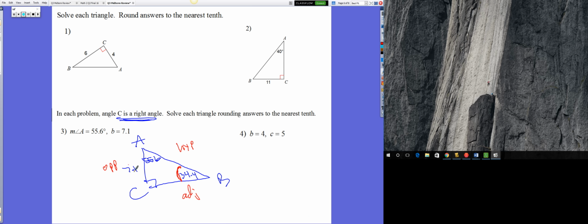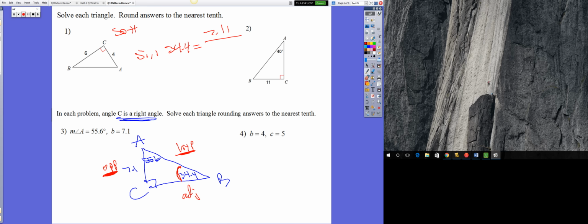Okay, so let's say I'm going to use O, and I want to find hypotenuse. So the only trig that uses O with H is sine. So you're going to do the sine from 34.4, and that uses O on top, 7.1, with hypotenuse on bottom, and you don't know what the hypotenuse is, so you just call it x. And then we just did one like this. X on the bottom, that kind of sucks. Get it out of there. Times by x on both sides.